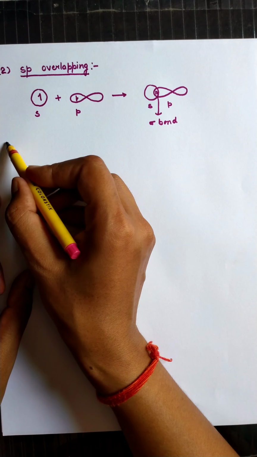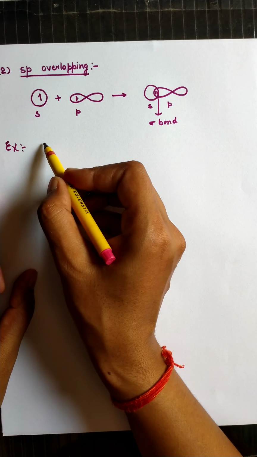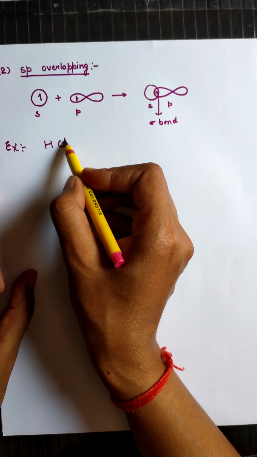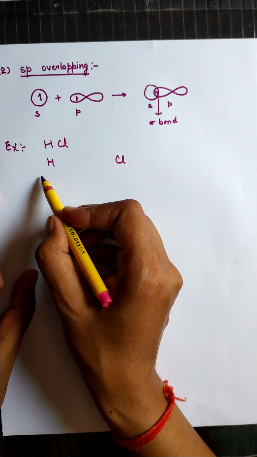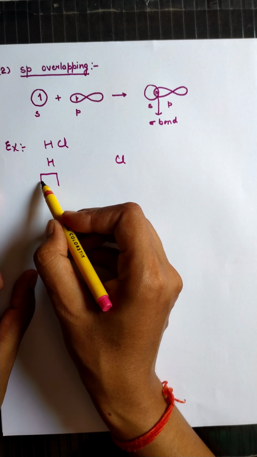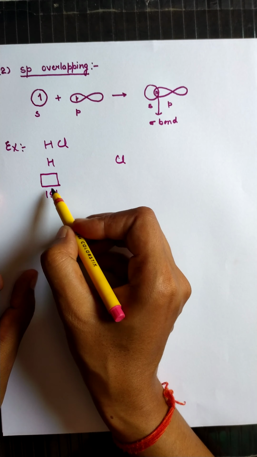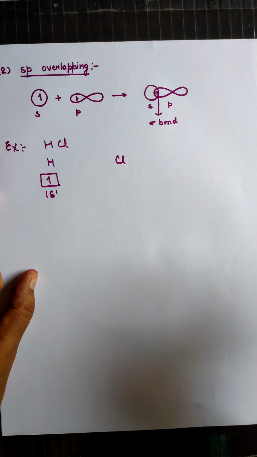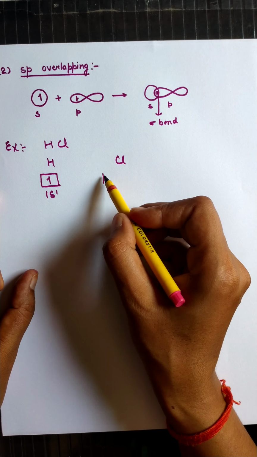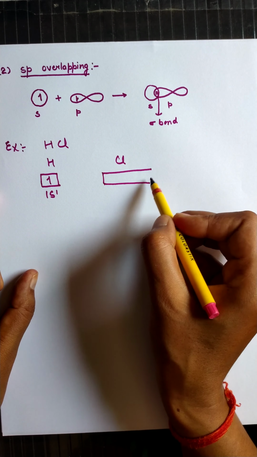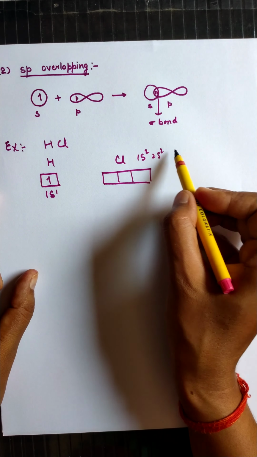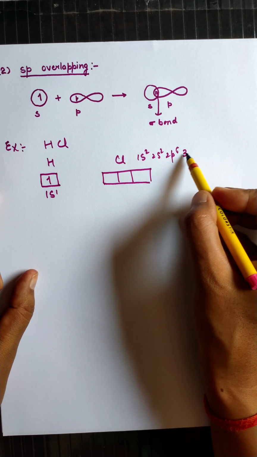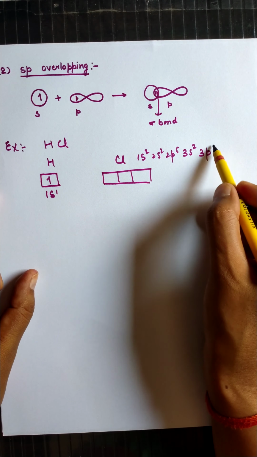We were taking the example of HCl for this, so let's again take the example of HCl. This is hydrogen, and this is the chlorine. In hydrogen, how many electrons are present? Its configuration is 1s1, one electron is present. In case of chlorine, the configuration is 1s2, 2s2, 2p6, 3s2, 3p5.